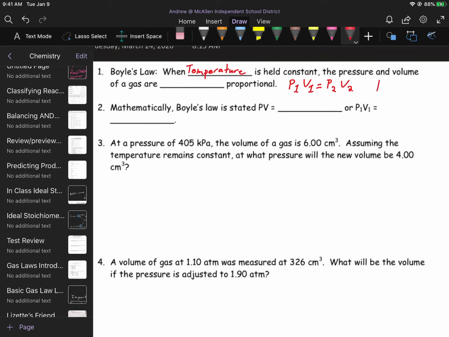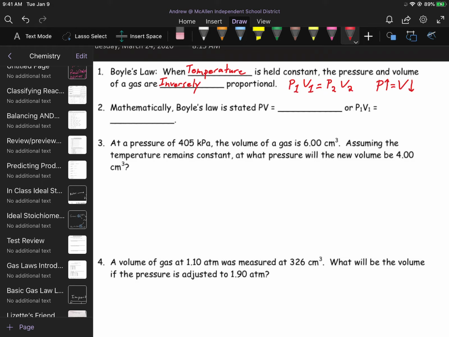This is the one where I told you if pressure goes up, volume is going to go down. Those are opposites, so the pressure and volume of a gas are inversely. Inverse means opposite. Inversely proportional.